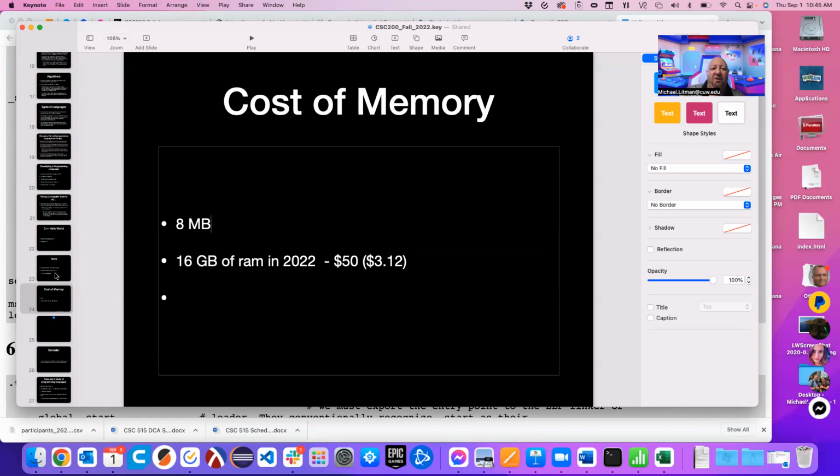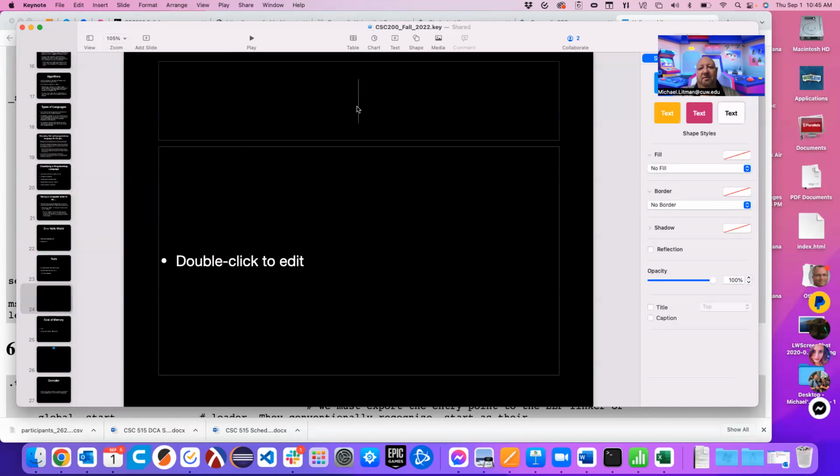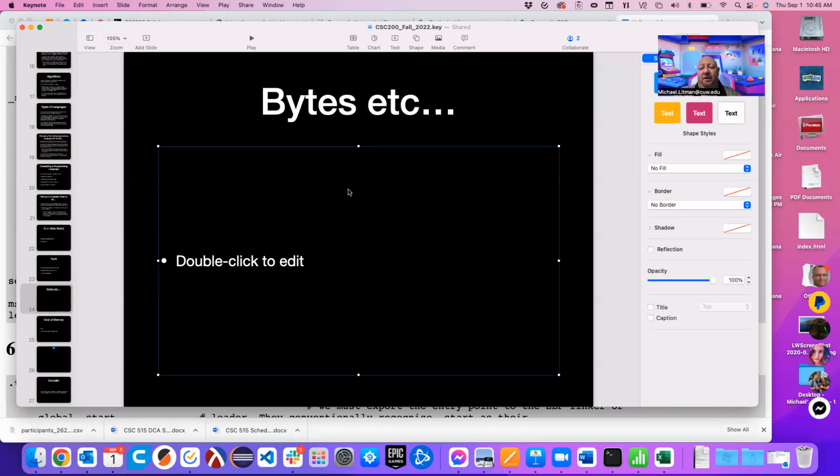Before I go any further, I'm going to write another little thing here, we'll just call this bytes, etc. Because one of the goals in here, and I promise you it's important for computer programming, is we need to know what all those words mean instead of just letting them fly by. And I'll prove that to you here in a second.